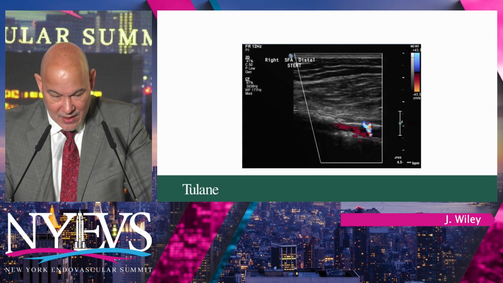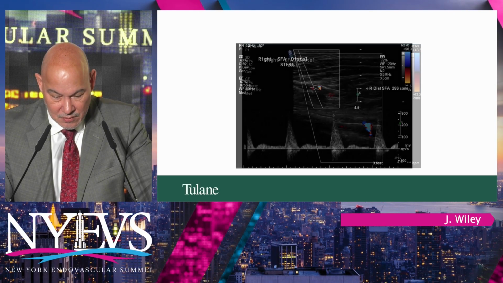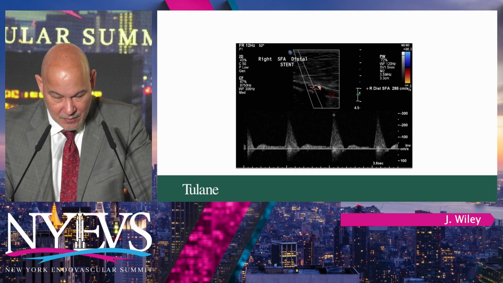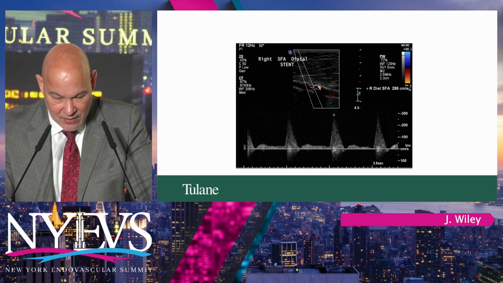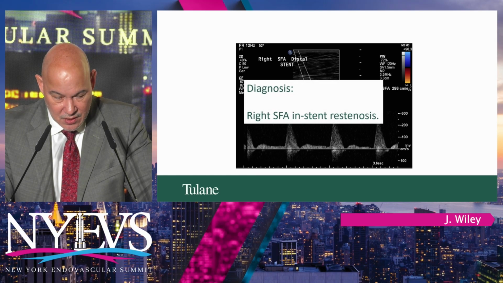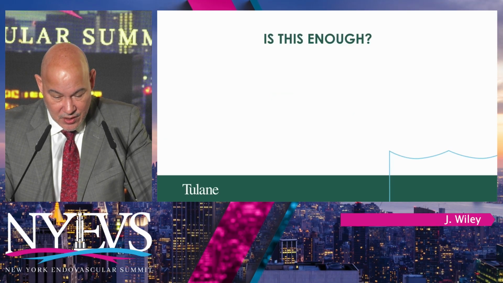And then towards the end of the stent, there's a much greater decrease in flow. We see right around that area increased velocities at the level of the highest obstruction, suggesting a hemodynamically significant stenosis. So as you would expect, this patient has right SFA in-stent restenosis.